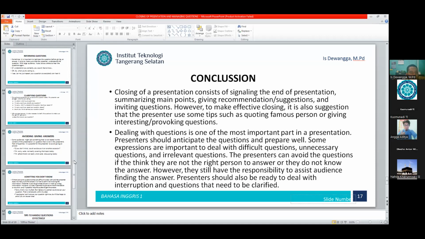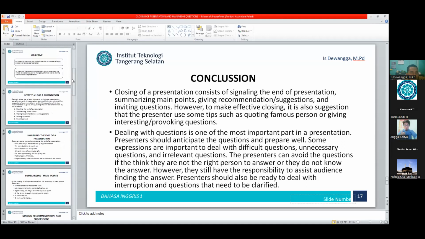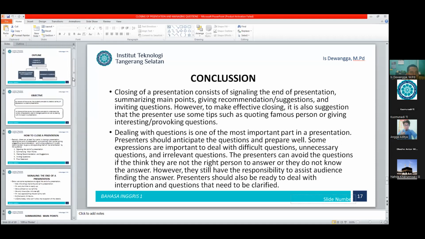Do you remember? In the last meeting, actually, we learned about opening presentation and also content in presentation. Is it correct or not, everyone? And signposting, which is in the content of presentation, right?